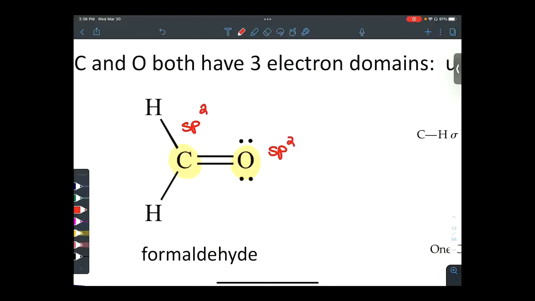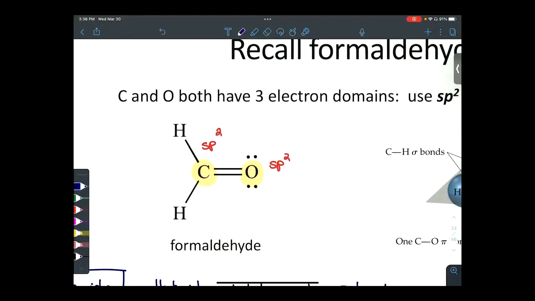So if we write the boxes for that, how many hybridized orbitals are on that carbon atom? 3, yes, because there's 3 electron domains, meaning that there's 1 unhybridized p orbital left over. This is carbon, okay? Let's do the same thing for oxygen. How many hybrid orbitals are on oxygen? 3, because it's sp2, there's 3 electron domains.